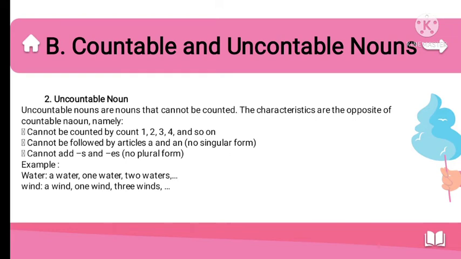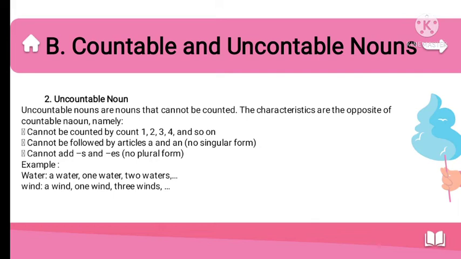Number 2 is uncountable noun. Uncountable nouns are nouns that cannot be counted. The characteristics are the opposite of countable nouns, namely cannot be counted by count 1, 2, 3, 4, and so on.